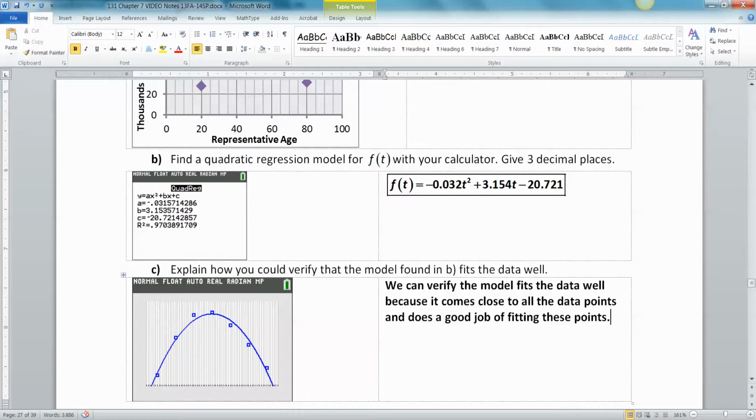So it's coming close to all of them. It's fitting the general shape of the data points. It's not going to go through all the data points. That's not how it works, but it should come close-ish to all the data points, which it does.